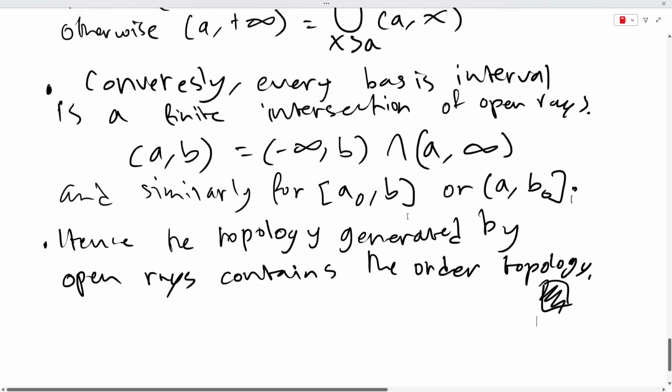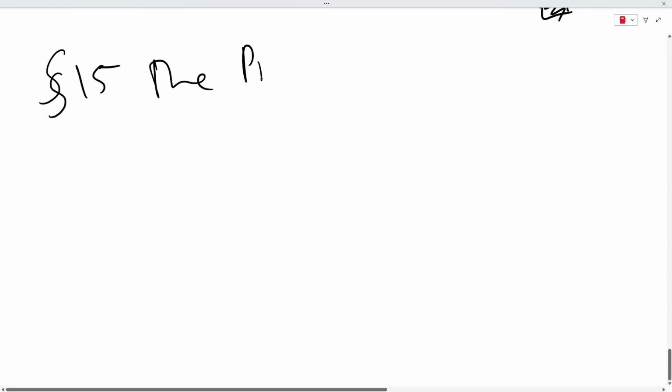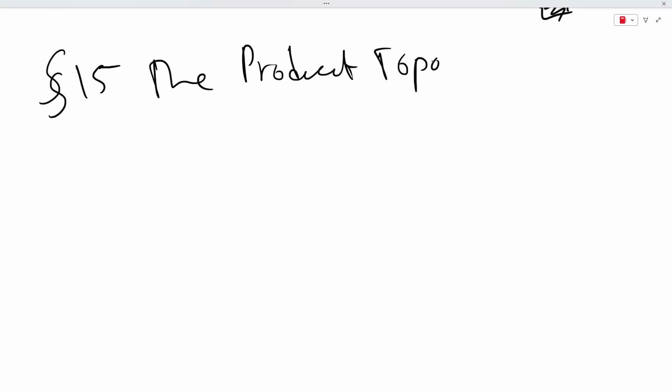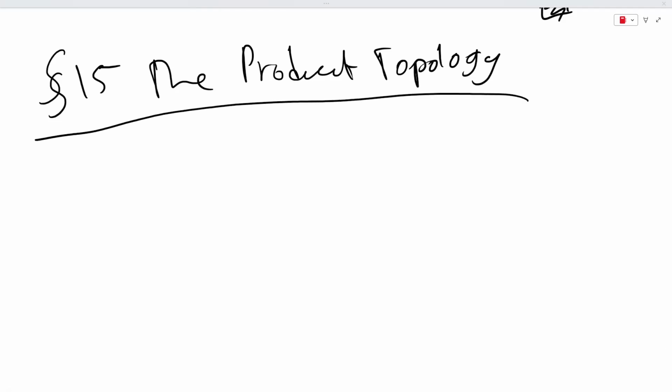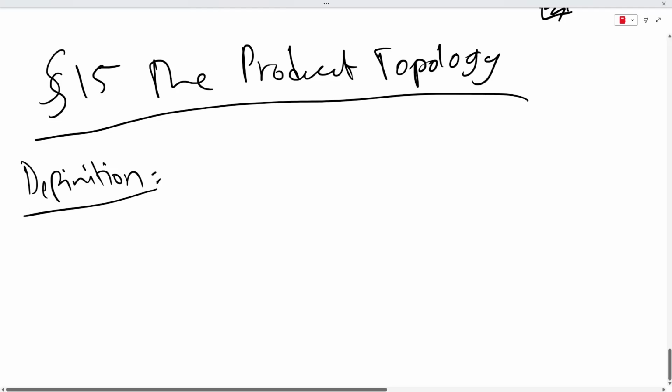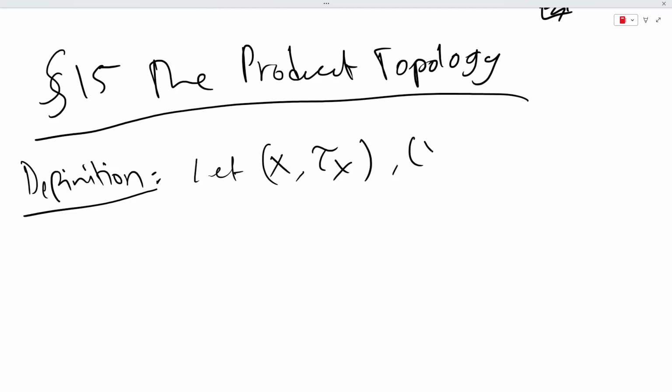So now I think we are finished with the rays. That was waiting for the order topology section. Now we can do the product topology, Section 15. So here's the definition of a product topology. It's basically like you take the Cartesian product of two topological spaces. Let (X, tau_X) and (Y, tau_Y) be topological spaces.